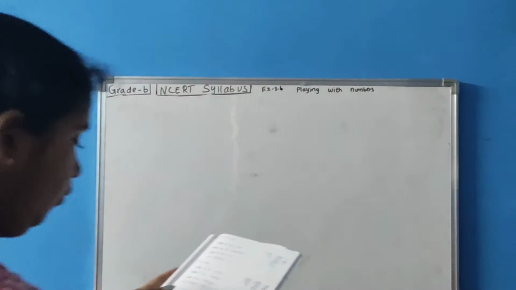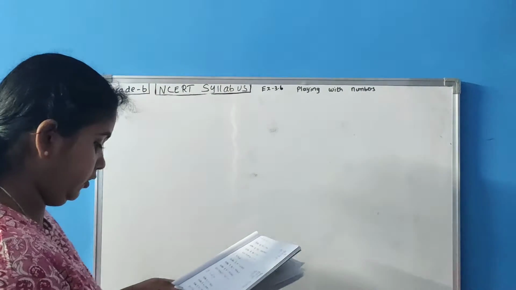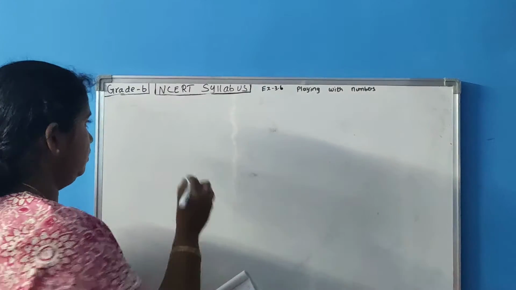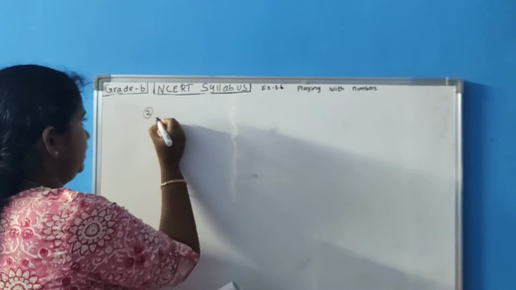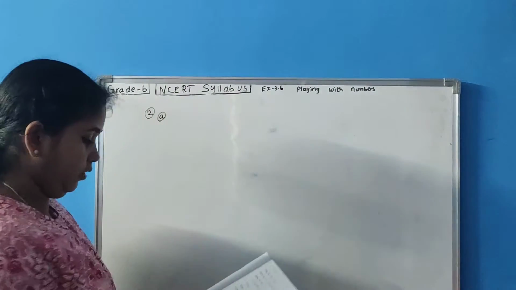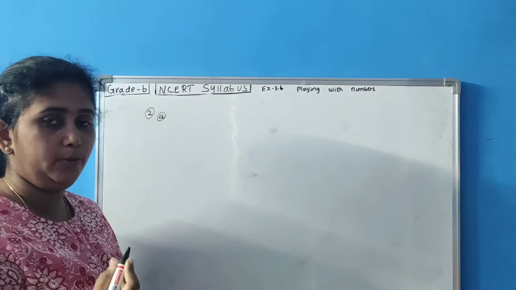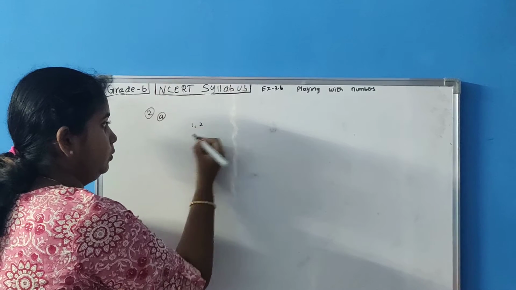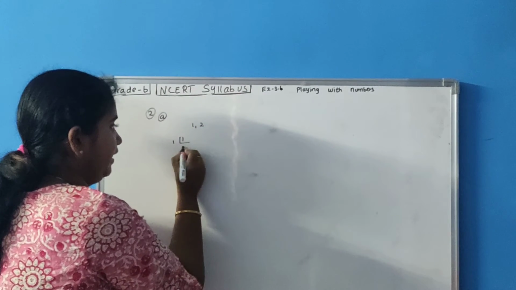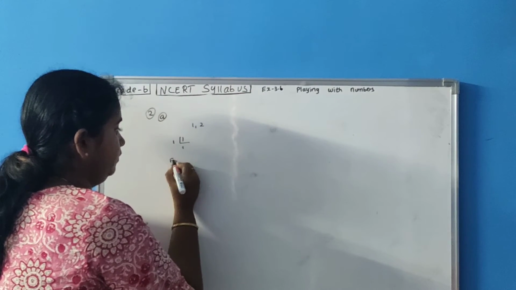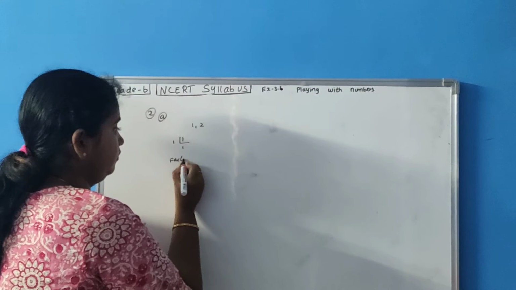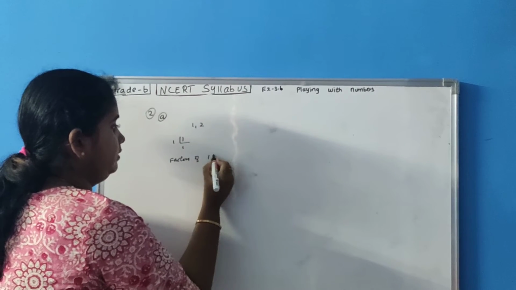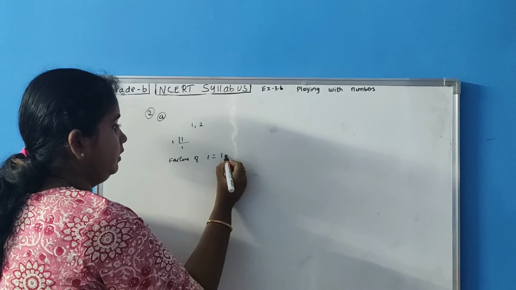Next sum, what is the HCF of two consecutive numbers? They gave three sums under this. Consecutive means next. I am going to take for example 1, 2. For 1, the factor is only 1, so factors of 1 is 1 into 1.